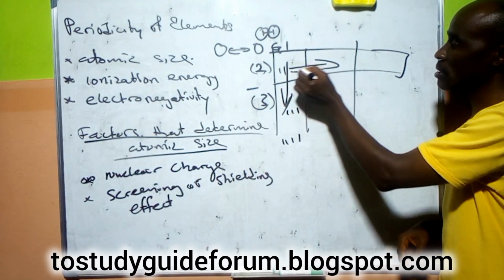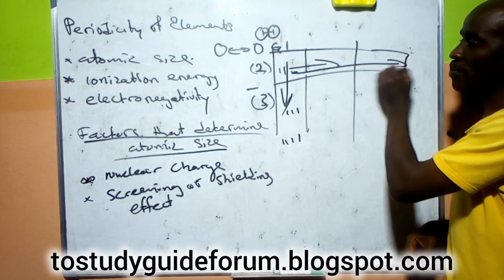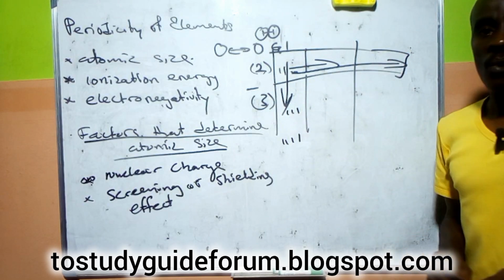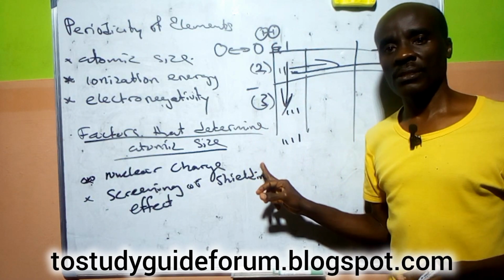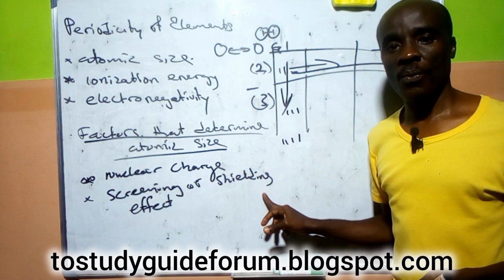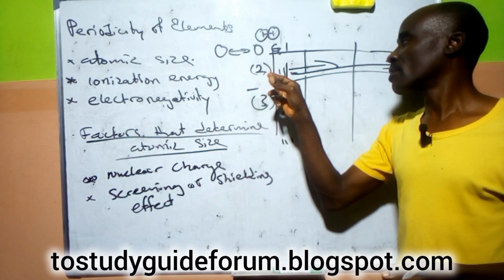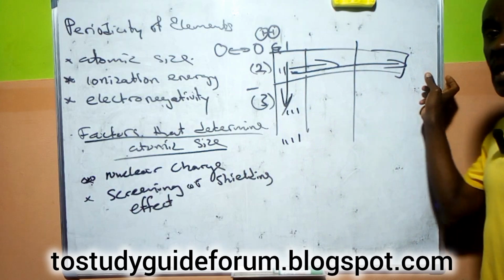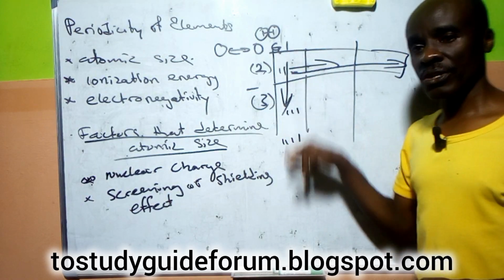It increases across the period from left to right, and decreases down the group.